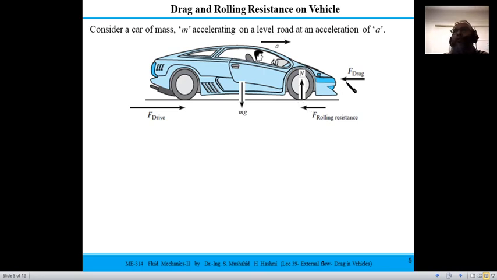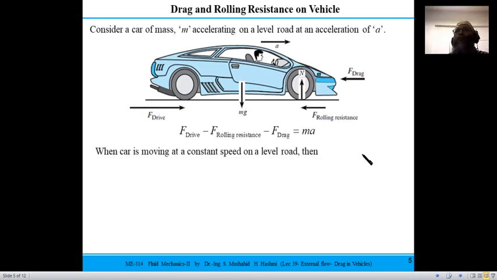The second force, which is the resistive force against the drive force, is the drag force. If you balance the forces, the drive force minus all the resistive forces, the rolling resistance and the drag force, gives the net force responsible for accelerating the vehicle to the right. Here mg is the weight of the vehicle, and a is the acceleration with which the vehicle is traversing to the right.